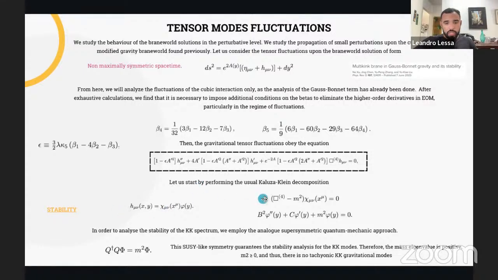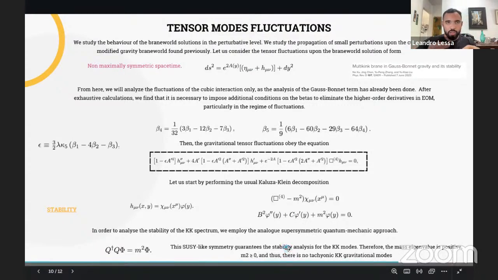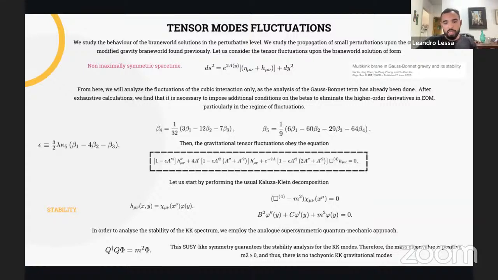What you do here is perform the usual Kaluza-Klein decomposition given by this expression. We replace that in this equation, and you obtain these two equations. Here again, if you work in a braneworld, you know that it's like a cake recipe. We just make some transformation of coordinates in this equation and use some analogous supersymmetric quantum mechanics approach.